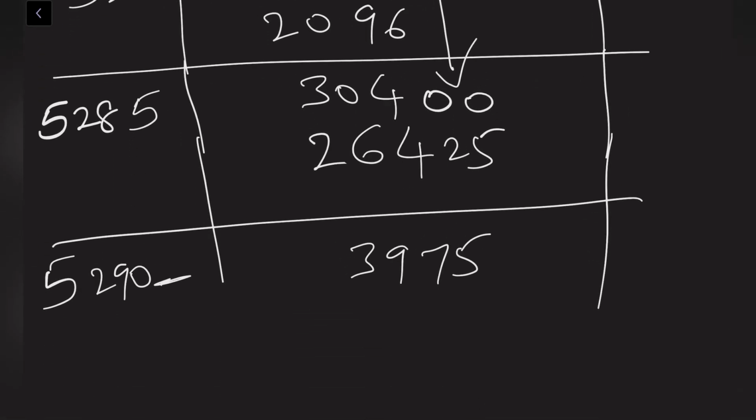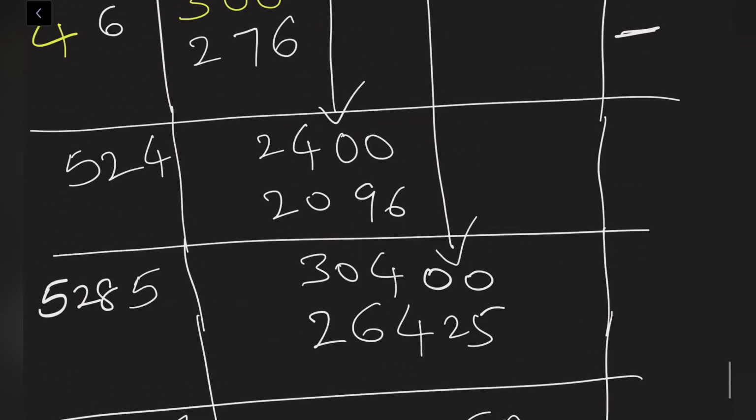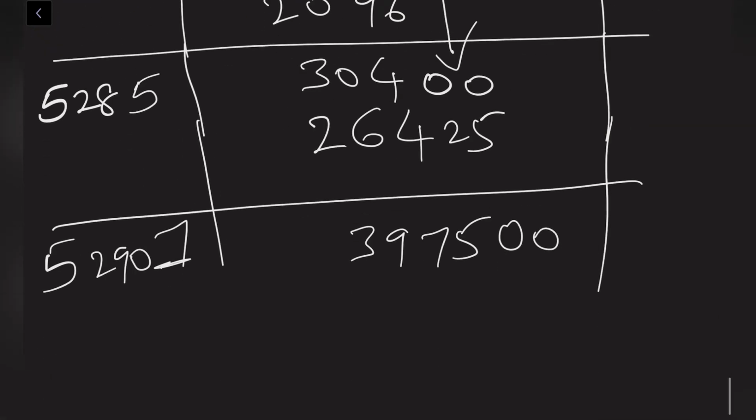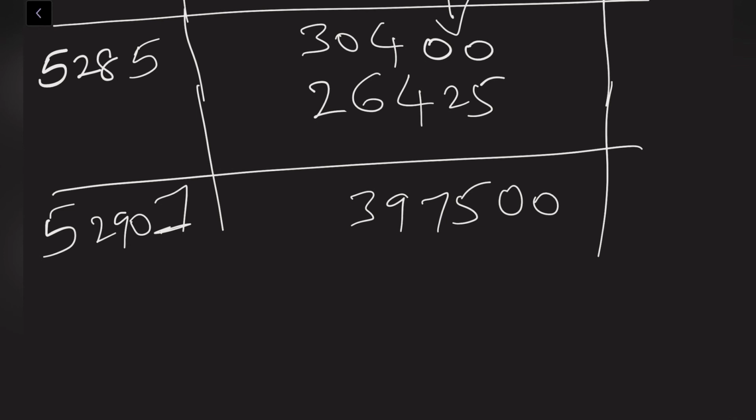Drop 2 zeros again. So now anyway this is 3 lakhs. Here we have already 5290. So if we keep one more digit, I will keep 7. So 52907 into 7 will come around 370,000 like this, 370,349.